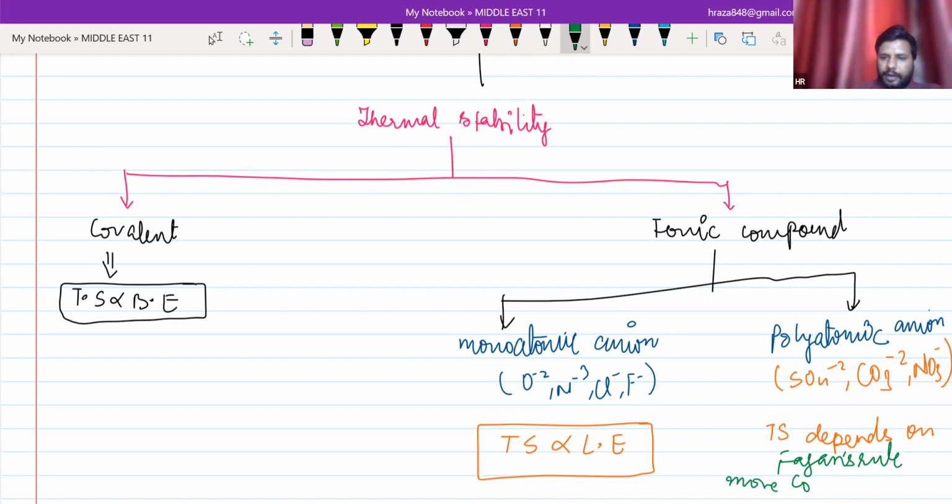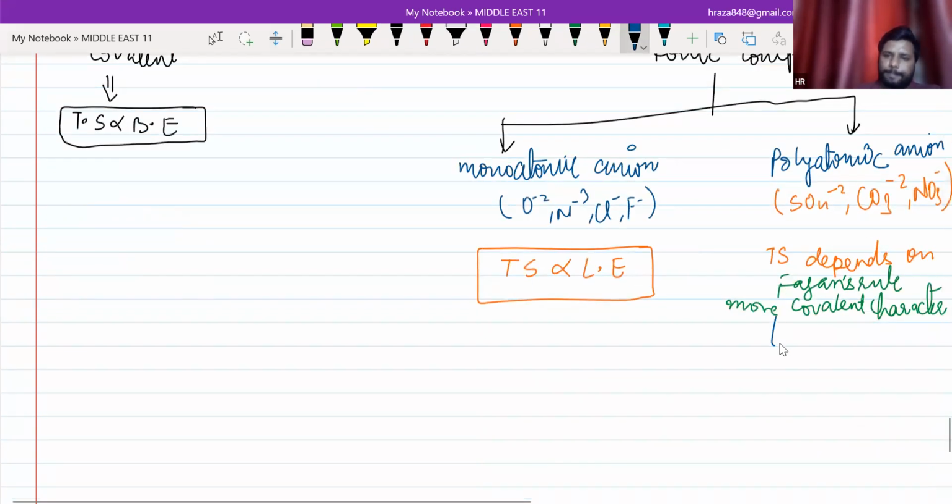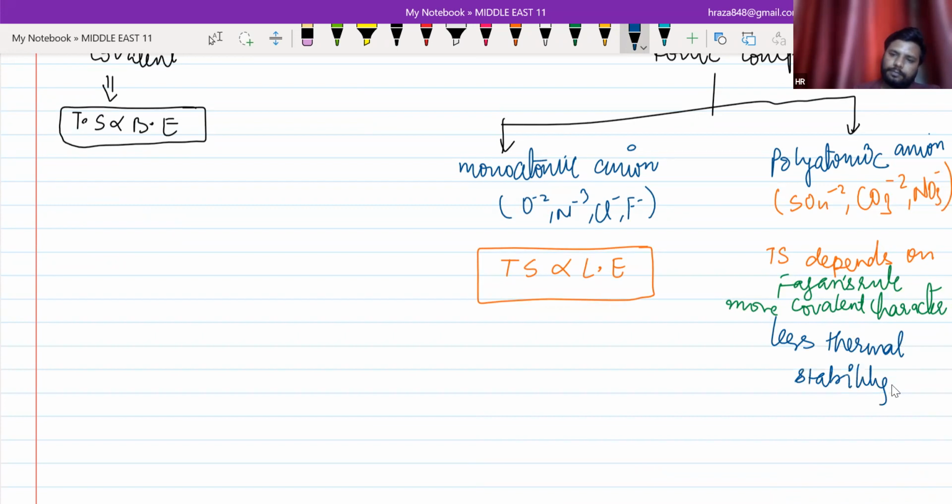The compound which has more covalent character has less thermal stability. Is this clear?